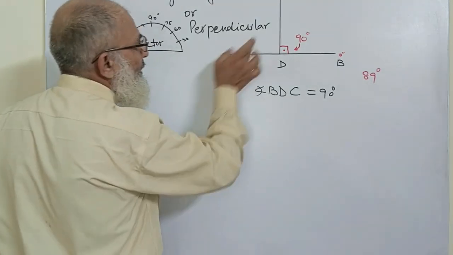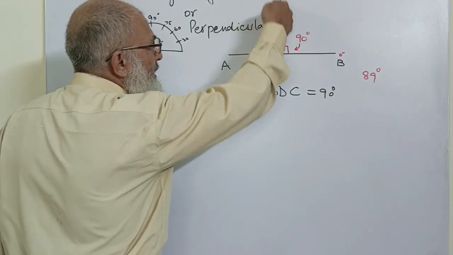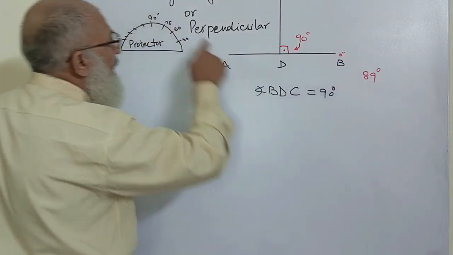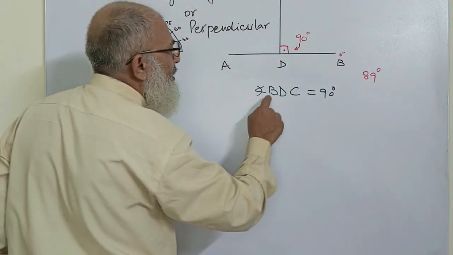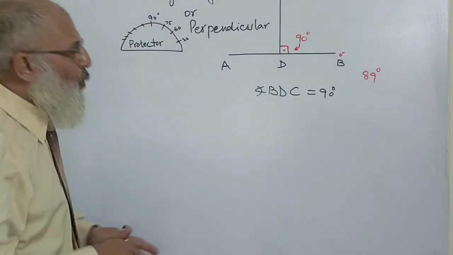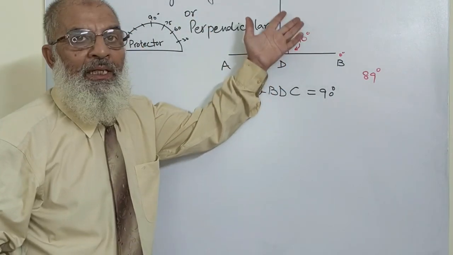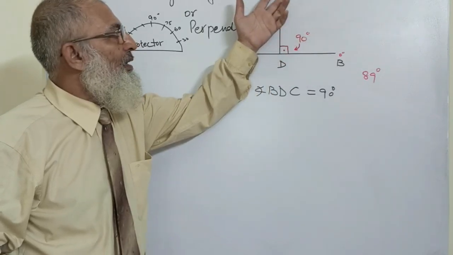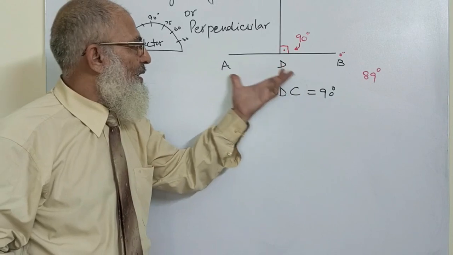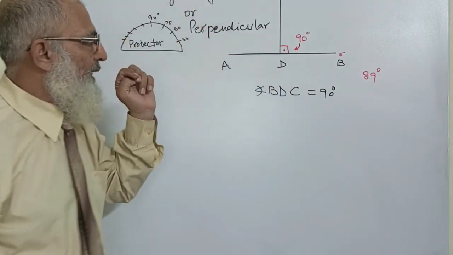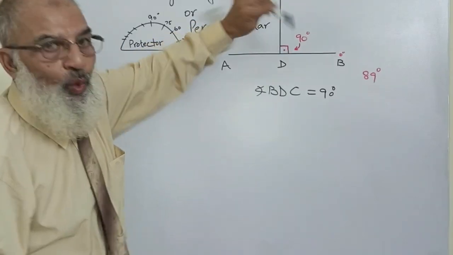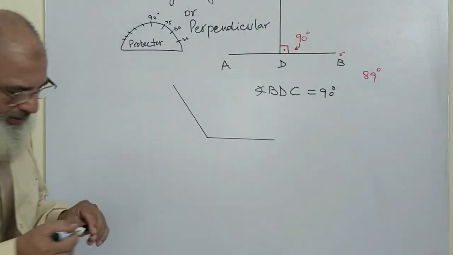So remember that perpendicular means CD is perpendicular to AB, and right angle means that angle BDC is equal to 90 degree. When the angle comes to 90 degree sharp, that means it is the right angle. And when we proceed beyond 90 degree, what happens? Now you see.